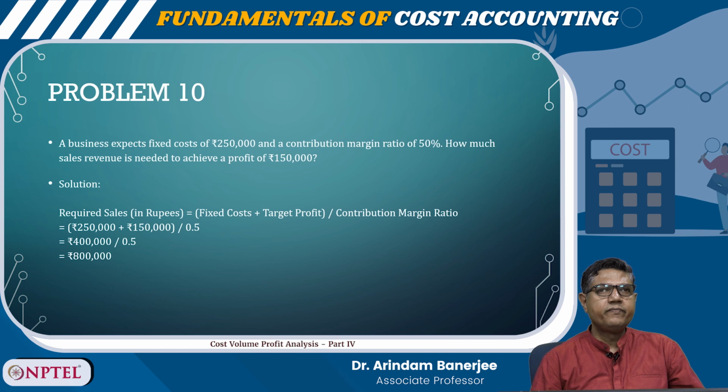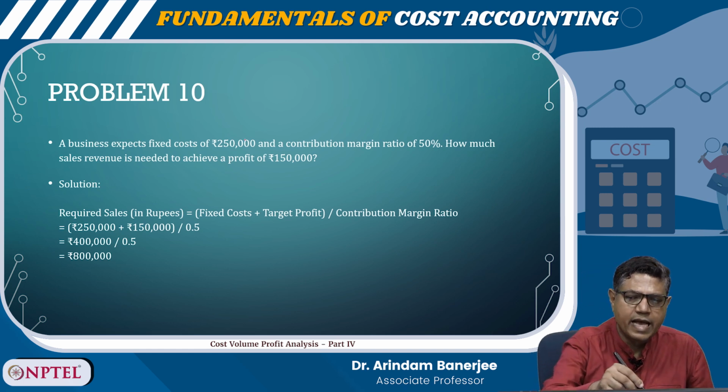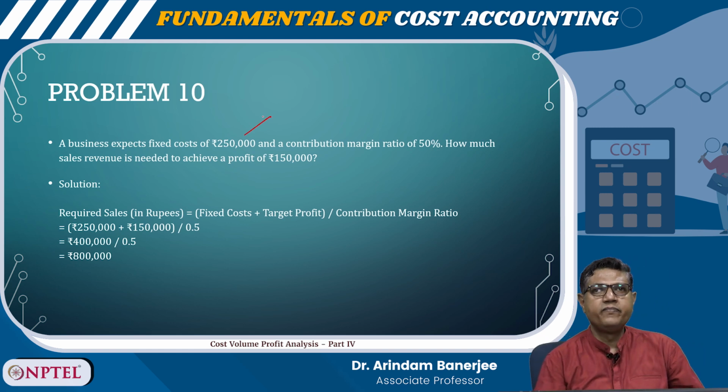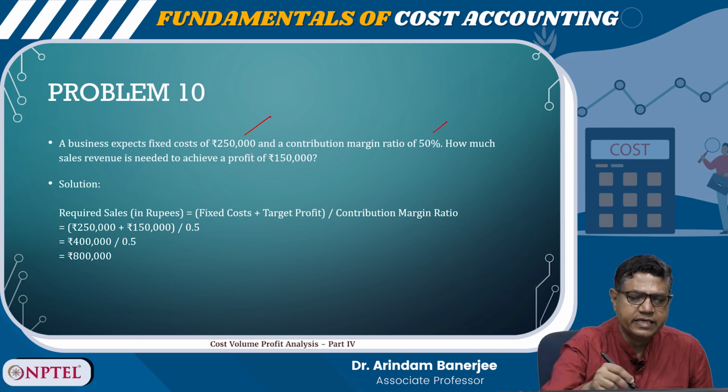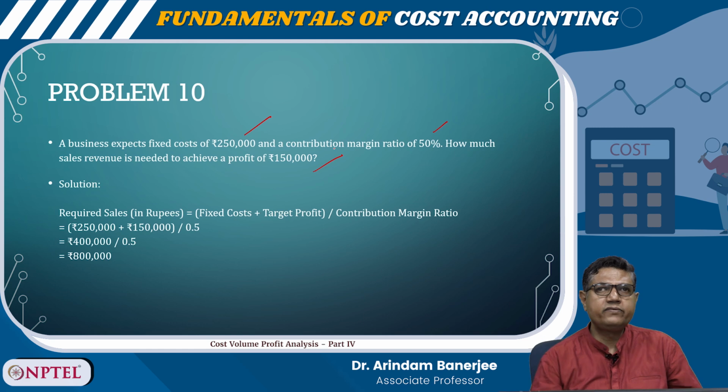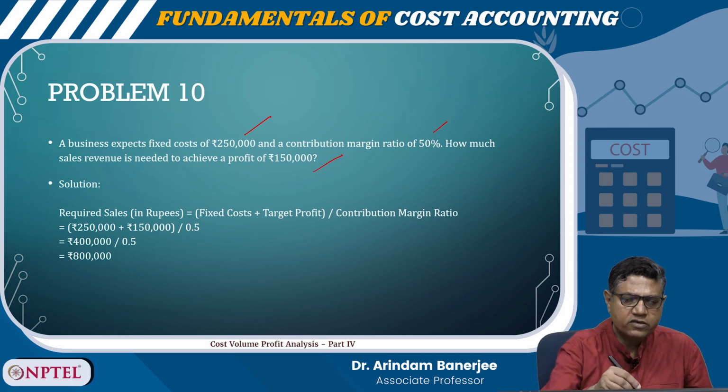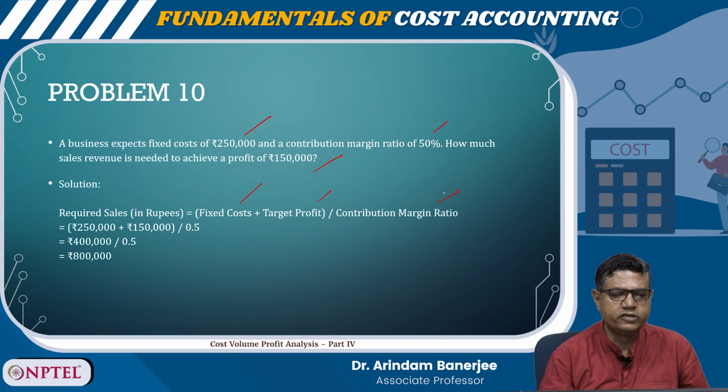Problem number 10. A business expects fixed costs of rupees 2,50,000 and a contribution margin ratio of 50%. How much sales revenue is needed to achieve a profit of rupees 1,50,000? I can do the solution like this. Required sales in rupees is equal to fixed cost plus target profit divided by contribution margin ratio.